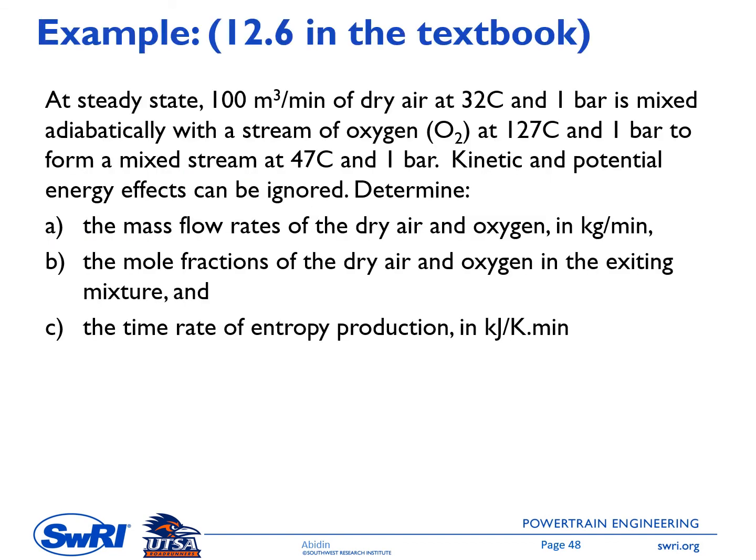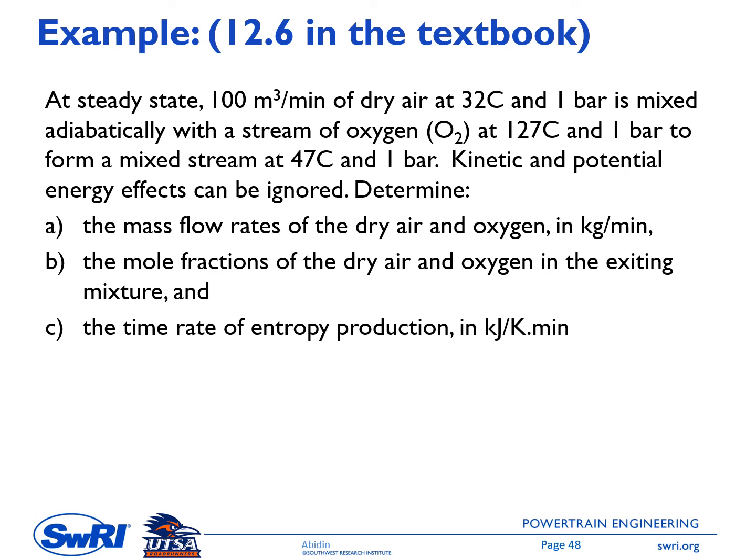Next example, this is example 12.6 in the textbook. At steady state, 100 cubic meters per minute of dry air at 30 degrees C and 1 bar is mixed adiabatically with a stream of oxygen, O2, at 127 degrees C and 1 bar to form a mixed stream at 47 degrees C and 1 bar.